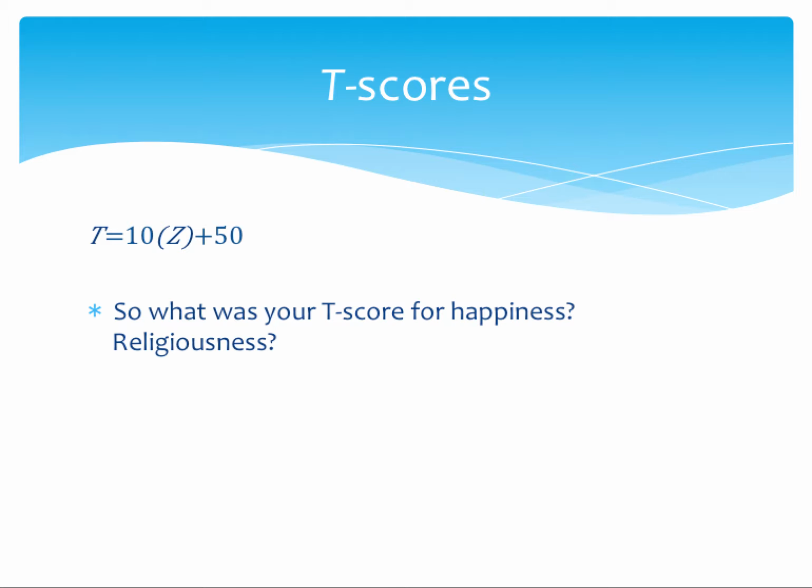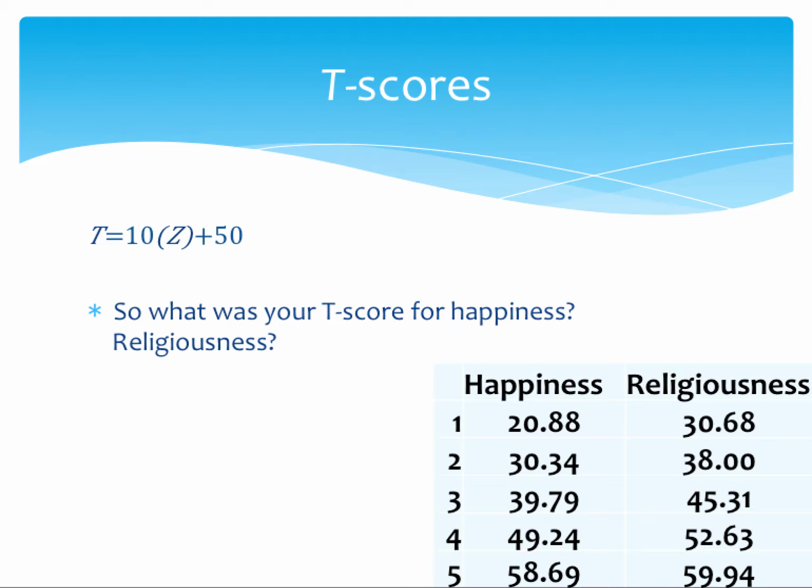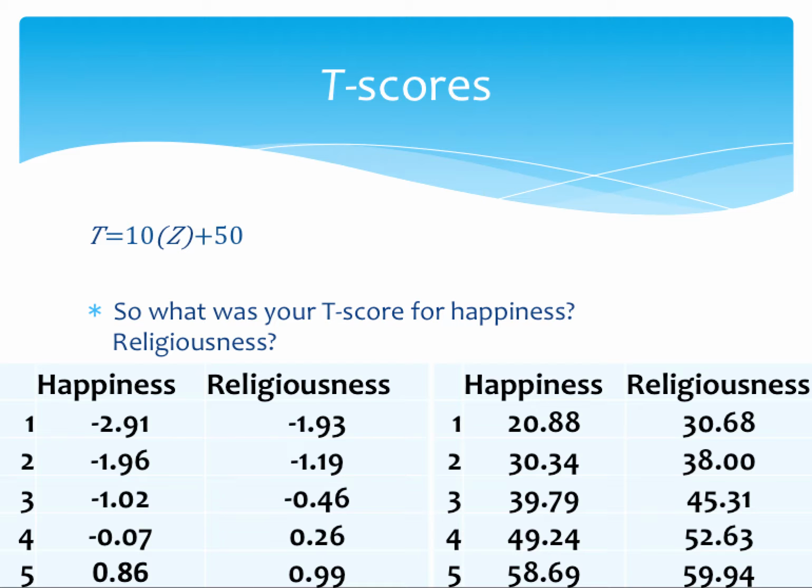So what is your t-score for happiness and religiousness? Well, here is what the t-scores would be based on z-scores. You can plug in whatever your z-scores for happiness and religiousness were and check them against this table. If you had a happiness z-score of 0.86, then your happiness t-score is 58.69.